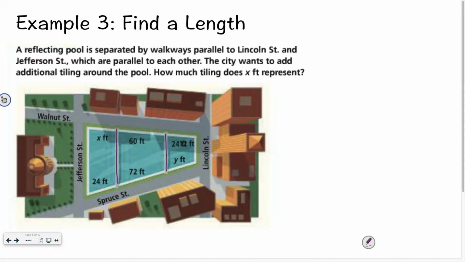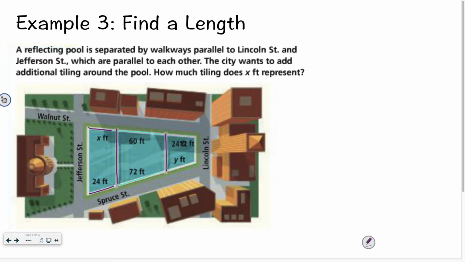So if we're looking at this drawing and we want to solve for X, I see that I should be able to set up a proportion. So I can say, okay, X feet is going to line up with 24 feet, and 60 feet should line up with the 72 feet.